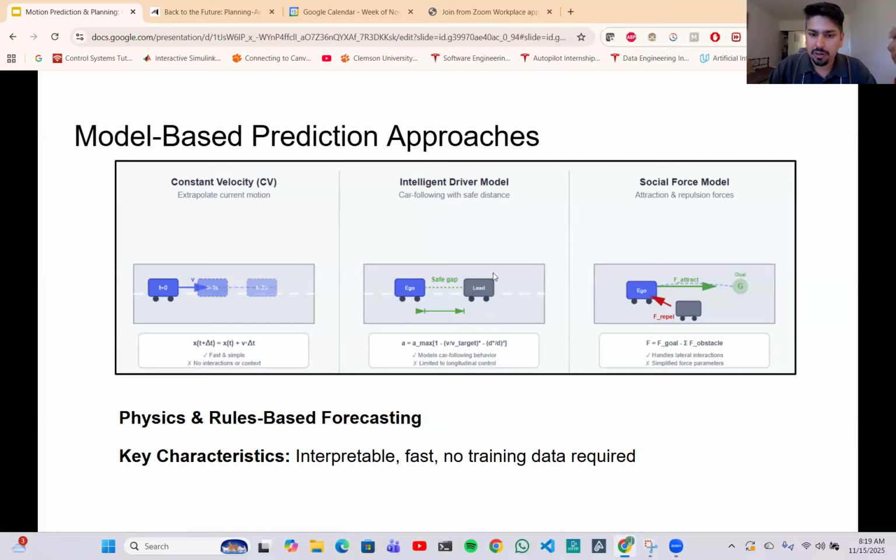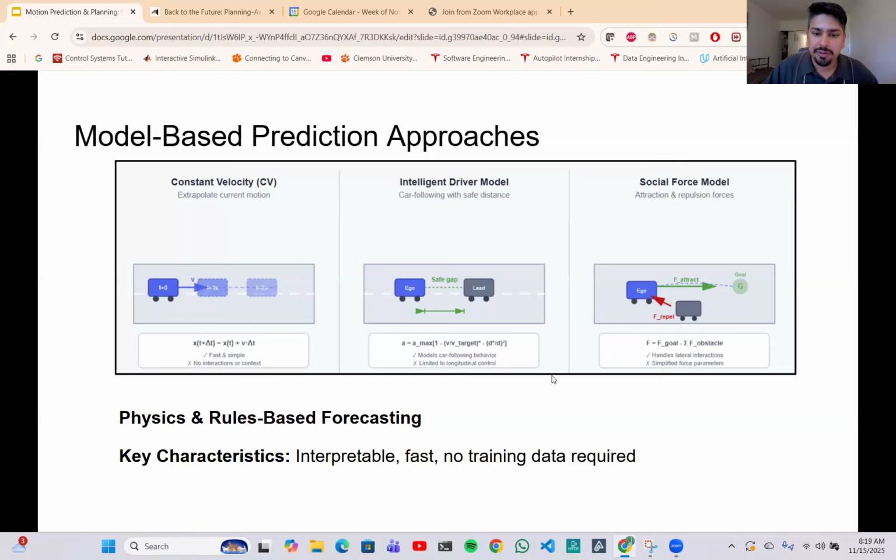Then you can use your normal control laws, your velocity targets, and you can actually forward propagate them to compute these driver predictions. So you can have an ego prediction, you can have other agents' predictions based on this. This is almost like traffic flow information. You assume that the traffic is going to have some sort of flow, and you're trying to model that flow using these mathematical models.